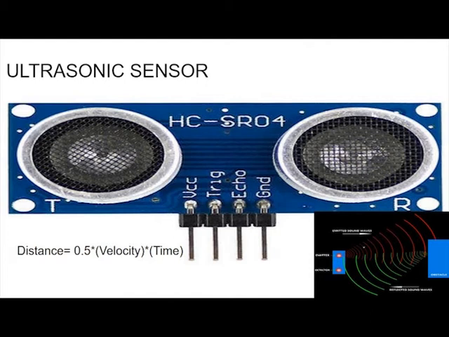This time lapse contains the time taken by the sound waves transmitted by the sensor to reach the obstruction and the reflected waves to reach the receiver end of the sensor. Since the total time taken is twice the actual time required by the ultrasonic sound waves to travel from the sensor to the obstruction, we multiply the total distance by half or 0.5.